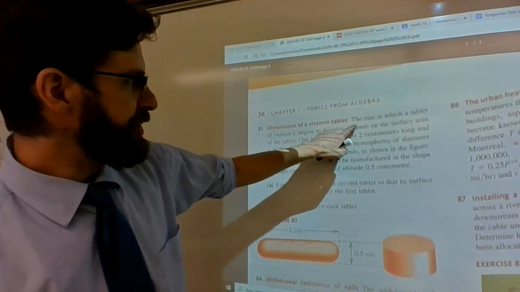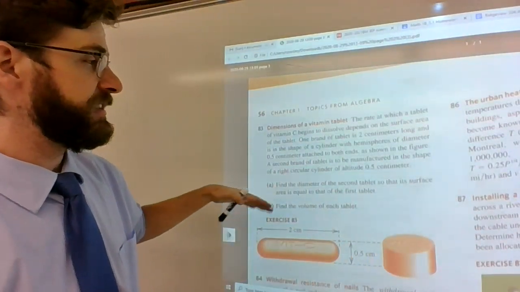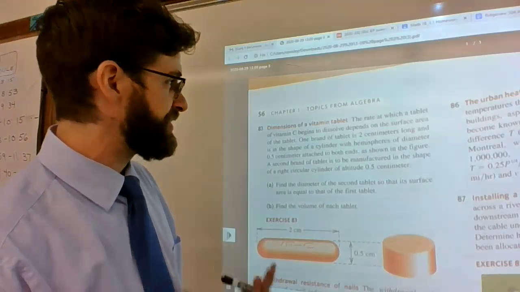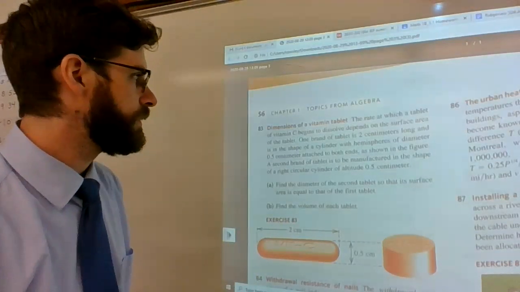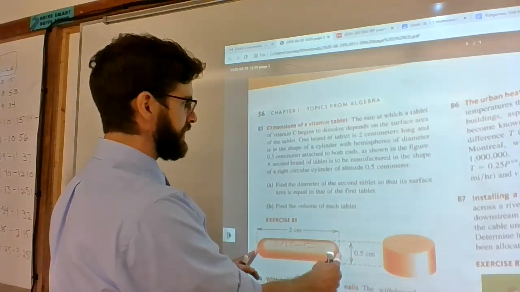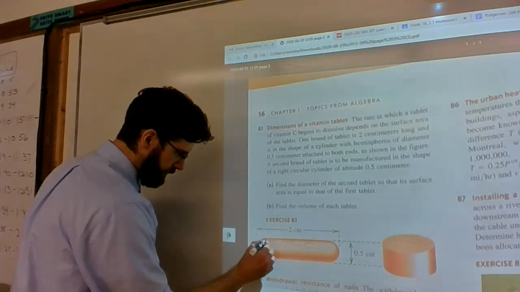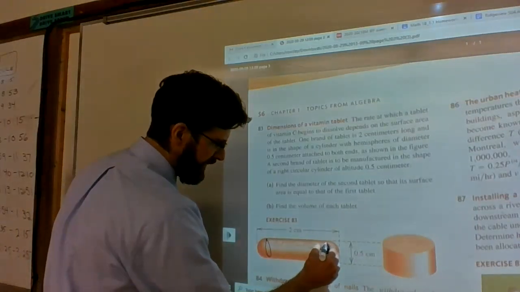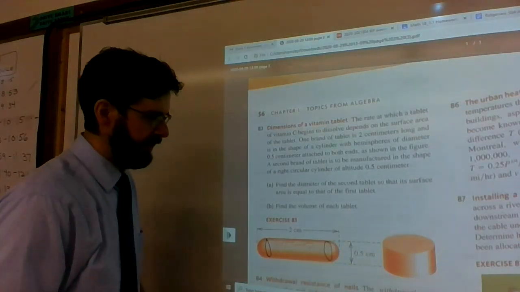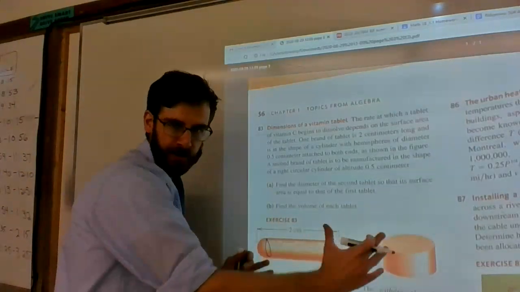So it says the rate at which a tablet of vitamin C, there's 2 of them here, begins to dissolve depends on the surface area of the tablet. So the first brand is 2 centimeters long, and it's in the shape of a cylinder. So think of a cylinder with open ends right there, and hemispheres coming out of the side.